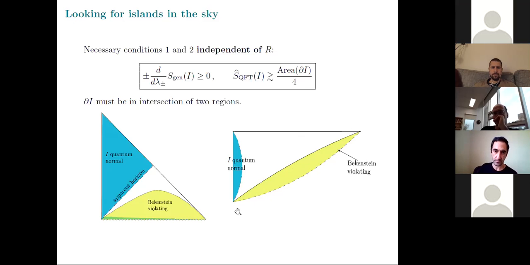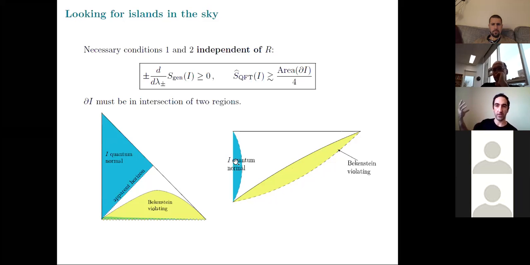So these are some negative cases where you can use these necessary conditions to rule out the existence of islands. Again, this does not reference some region R. All it references is some island region I. And again, we consider spherical regions, and you can rule out islands in that case.